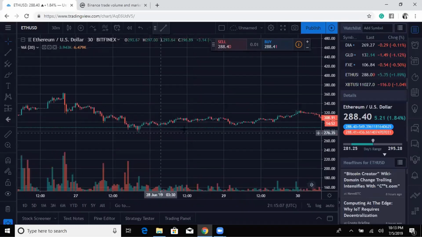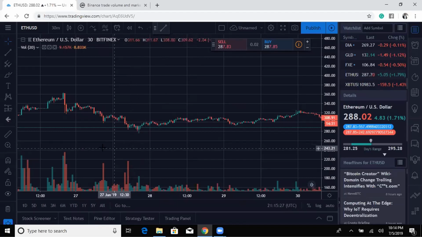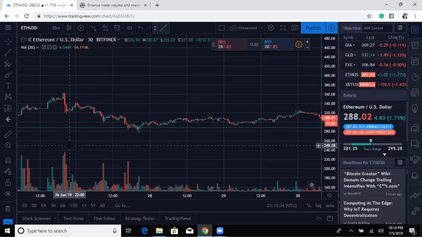All right. So the 27th of June was actually this date. Now, do we notice we're seeing multiple green candlesticks on the 27th of June? Although from this point on, we're seeing red candlesticks from this point here, and some green.